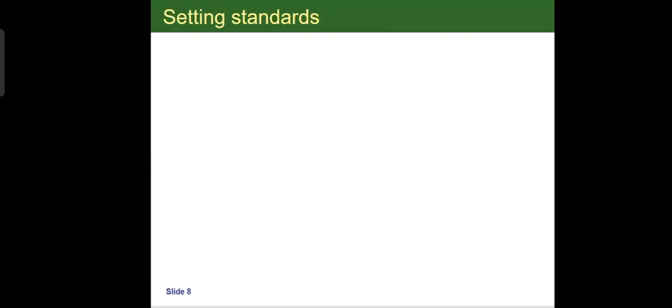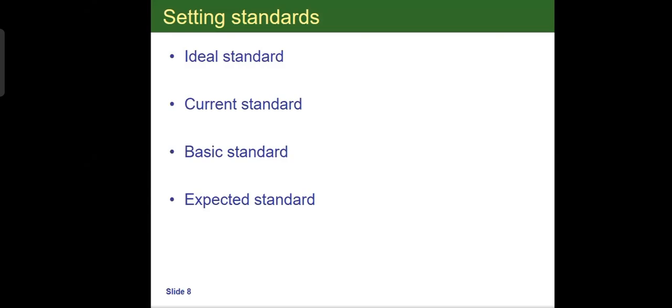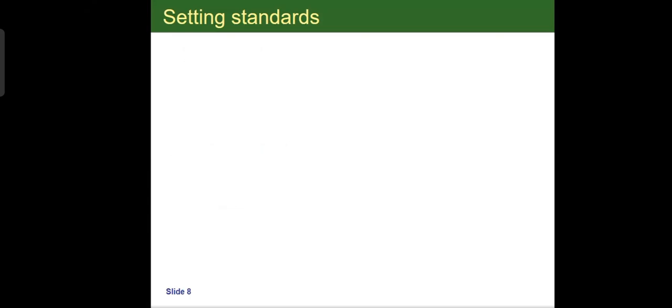How do we set standards? First of all, you should remember that standards are not made by one person, okay? The entire organization is involved, because the production manager will say that I need 2 meters of wood, and the purchase department will tell what is the price of 2 meters. The production manager will say 2 hours of labor, and the HR department will tell how much money they should pay.